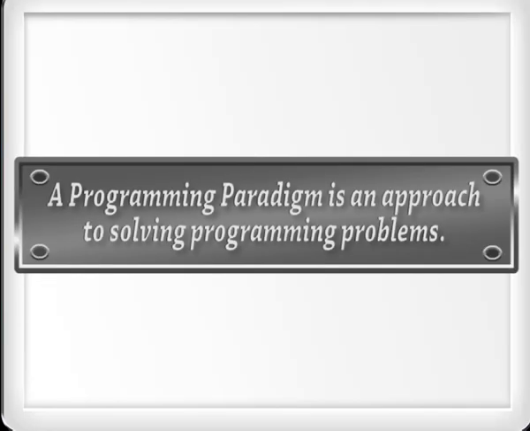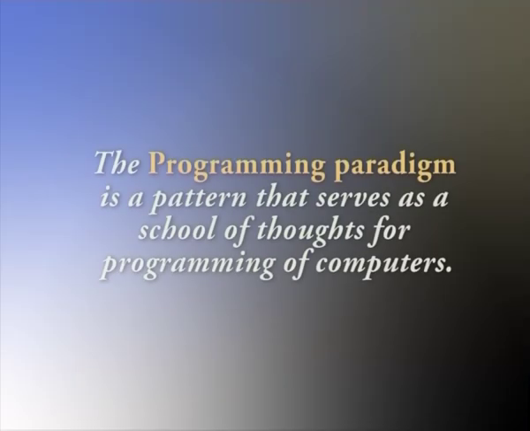We can say that a programming paradigm is an approach to solving programming problems. There are a few interrelated concepts such as programming technique, programming style and programming culture, which tend to confuse many of us. The programming paradigm is a pattern that serves as a school of thought for programming of computers.